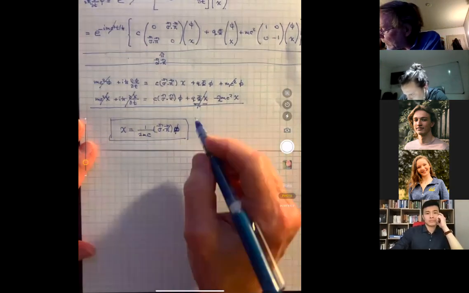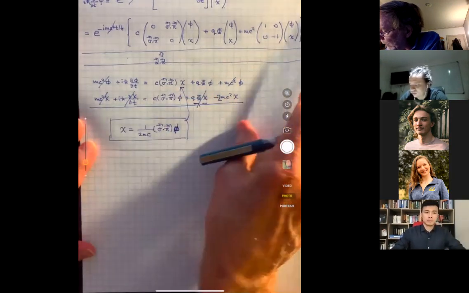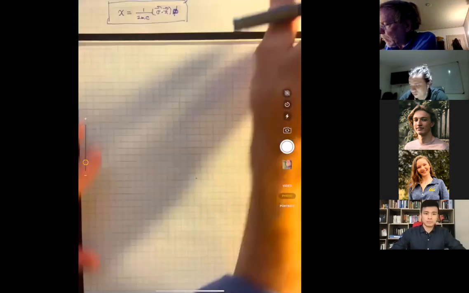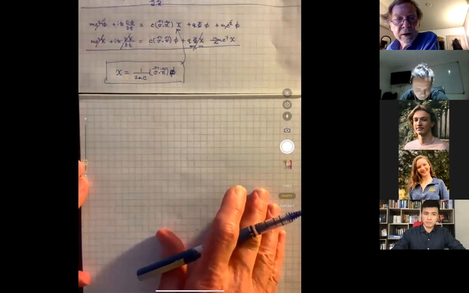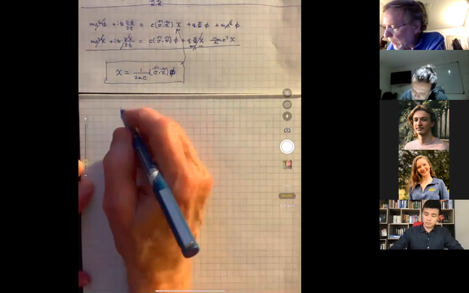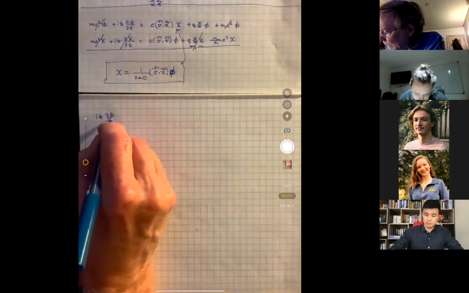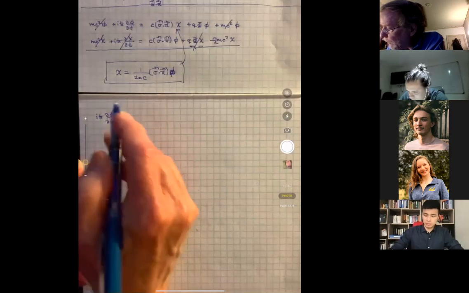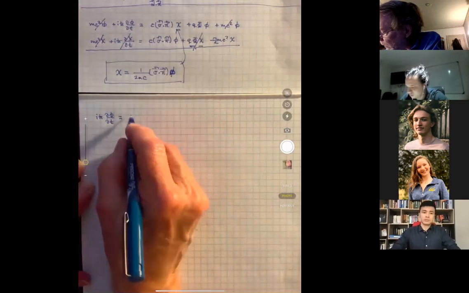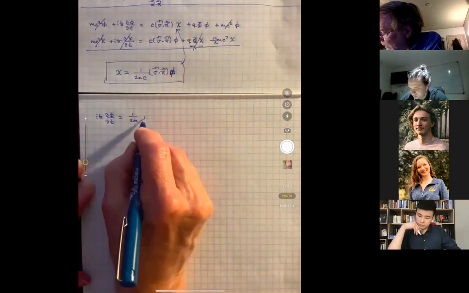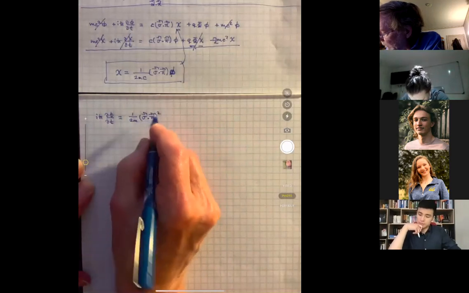Now let's take this and plug it back into the upper equation, the φ equation, and see what we get. It's very interesting how it works out. Bring it down some so you can see what I'm doing. When I plug that in, I get i h bar dφ/dt equal to, from this term here, 1 over 2mc, the c's will cancel, 1 over 2m times (σ dotted into π) quantity squared.